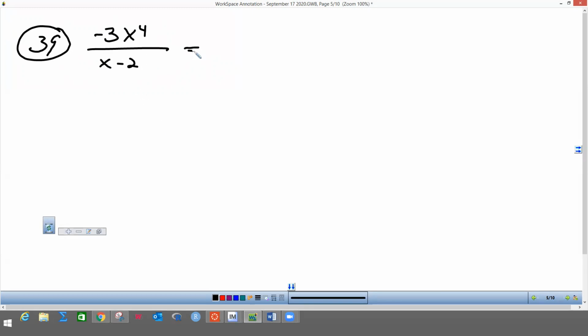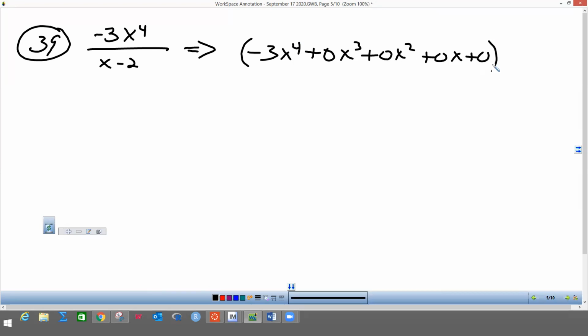Well, what that means is that I have negative 3x to the 4th plus 0x cubed plus 0x squared plus 0x plus 0 divided by x minus 2. Notice I put these in descending order of x's, like the last problem. So when I write this down, that's negative 3, 0, 0, 0, 0.